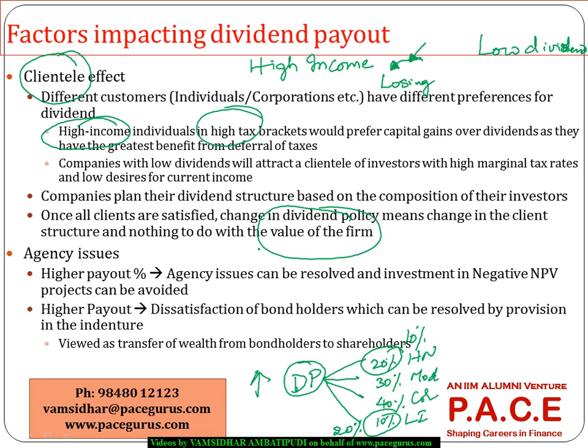That is something that we need to be comfortable with. Once the company has established a dividend structure and finalized the proportion of its clients, any change to the dividend structure will only result in altering the client proportions, but no extra value addition to the firm, right?